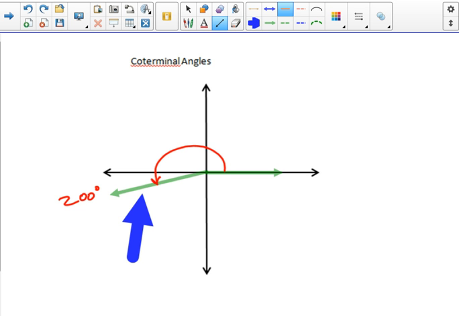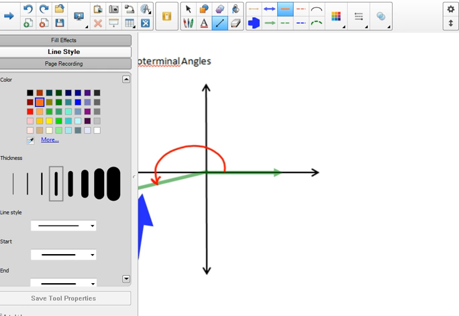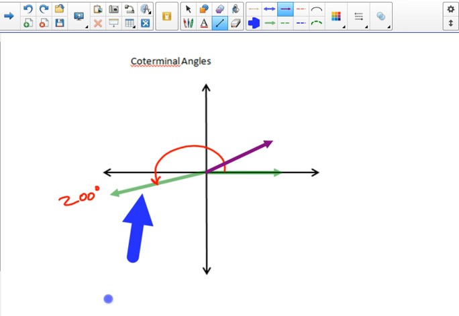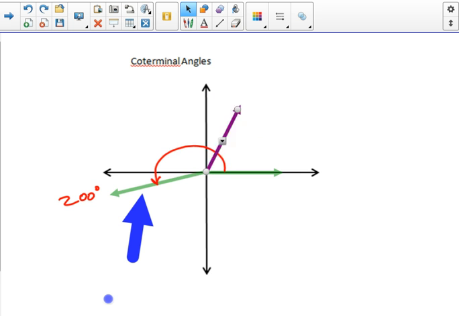We'll make this one purple, and the end will be an arrow. Let's have this purple one start here, but go all the way around, past 200, all the way back to here, and end up in the same spot. Hence the name coterminal.